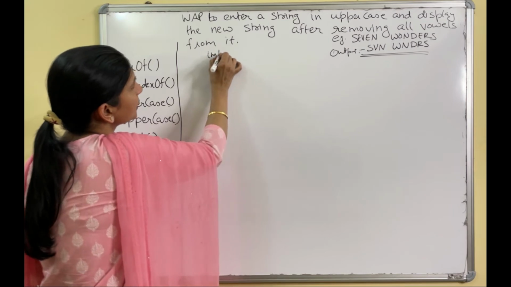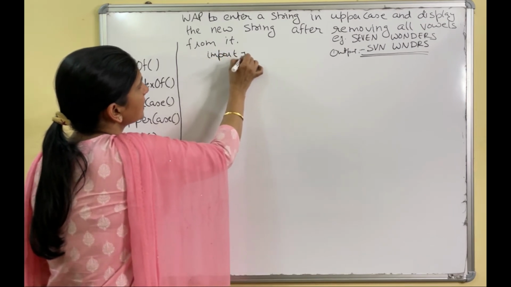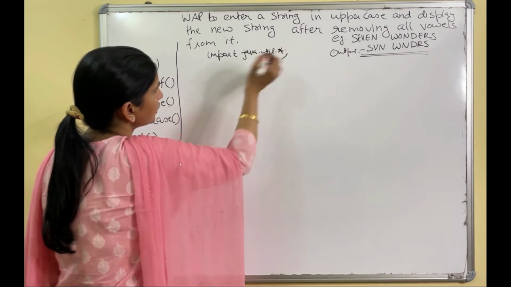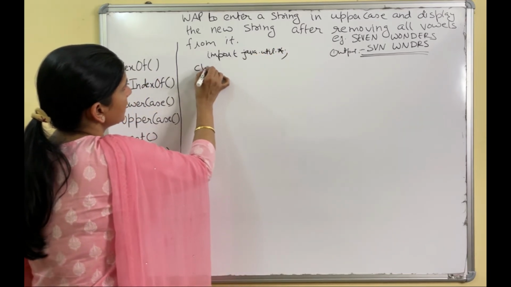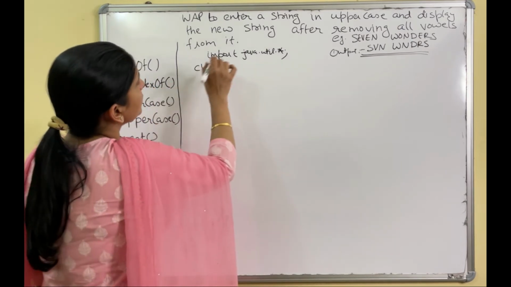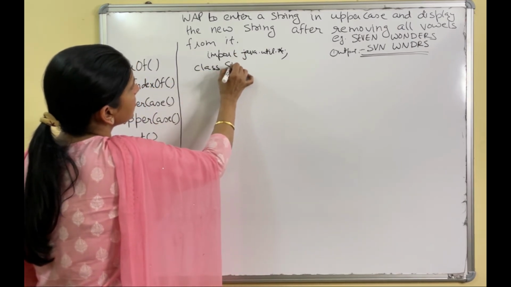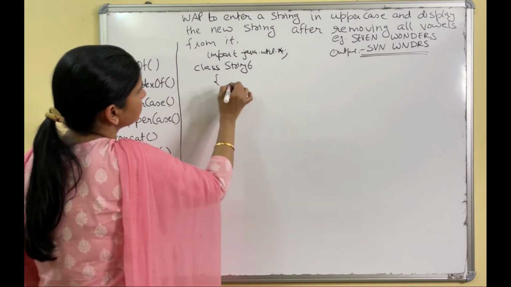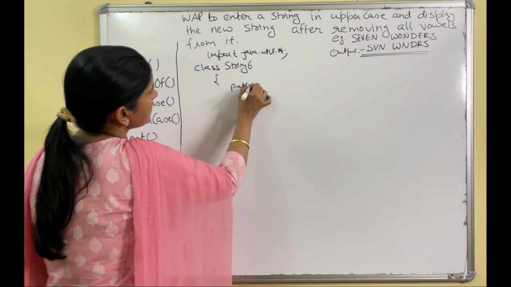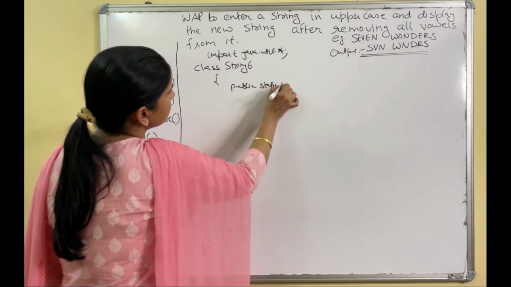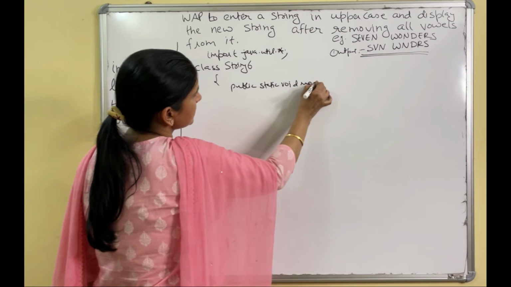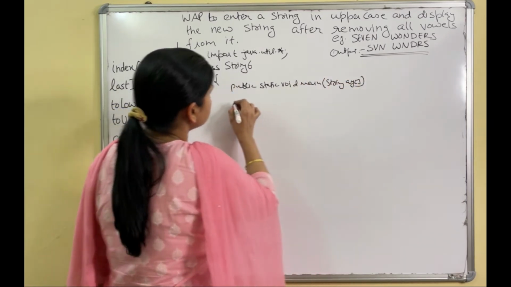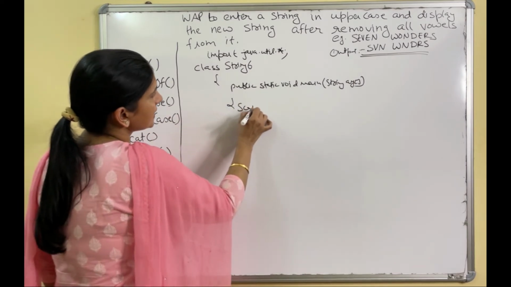Import. Why import? Because we need to input a string. Import java.util.asterisk, or you can take Scanner also. Class. What should be given? Let it be string 6. Then public static void main string args. Now we will create a scanner object.